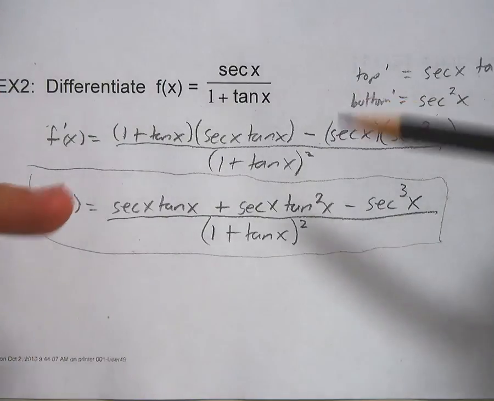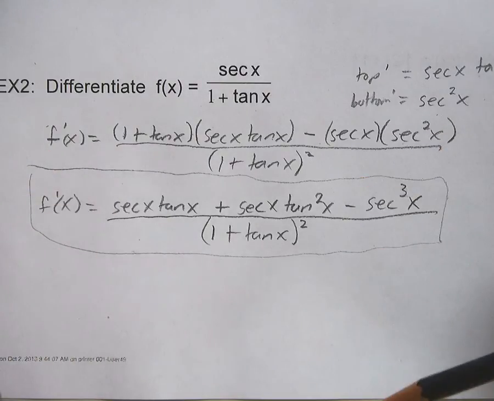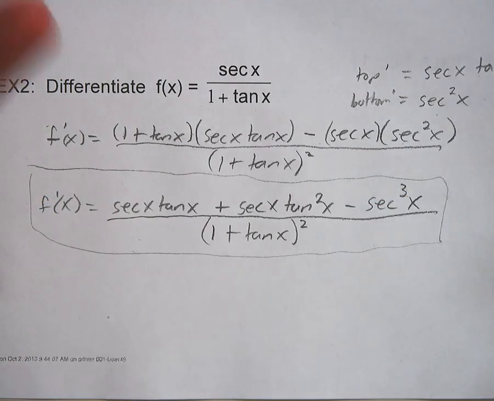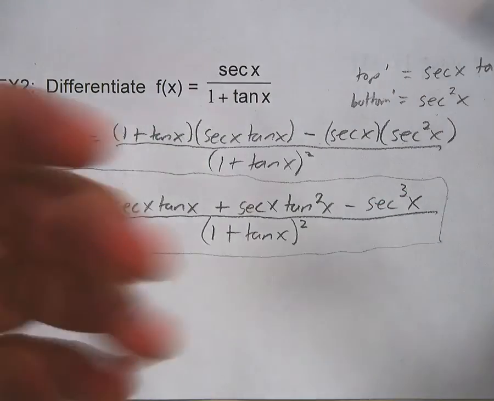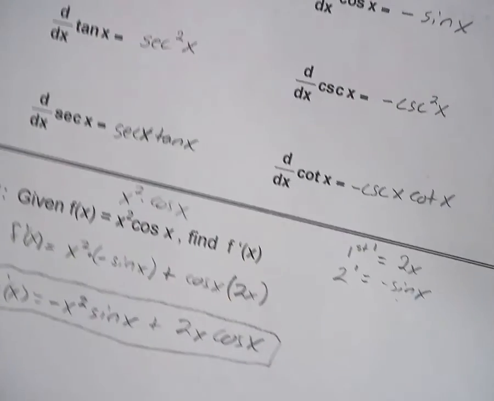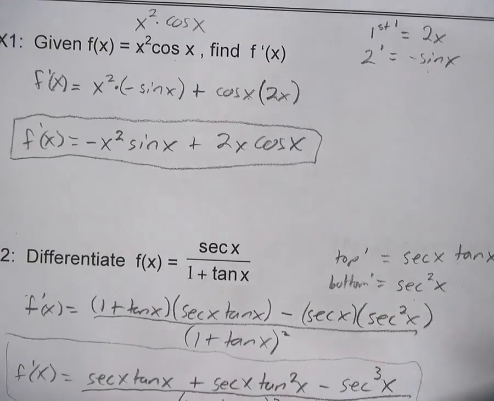In that case, you're going to need to know how to simplify as much as possible. Now, you could always take out a secant x out of here, see if anything could combine or cancel out. It doesn't in this case, so I'm just going to stop. Okay? And I believe that's all for trig. We're going to be doing a lot of these examples in class, so just kind of go with it for right now.